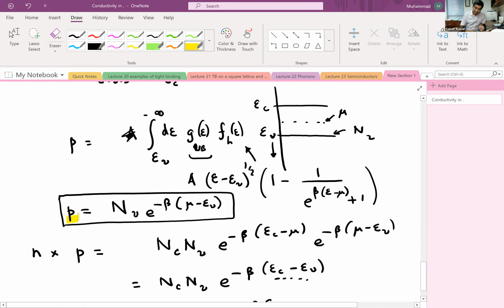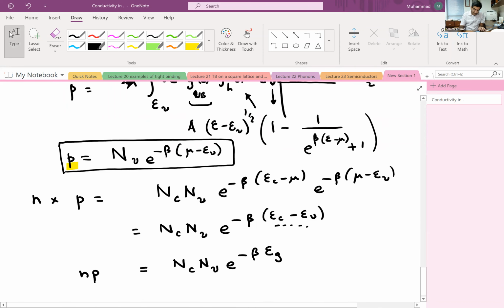Now, if I multiply n with p, does this relationship depend upon the chemical potential? No, it doesn't.